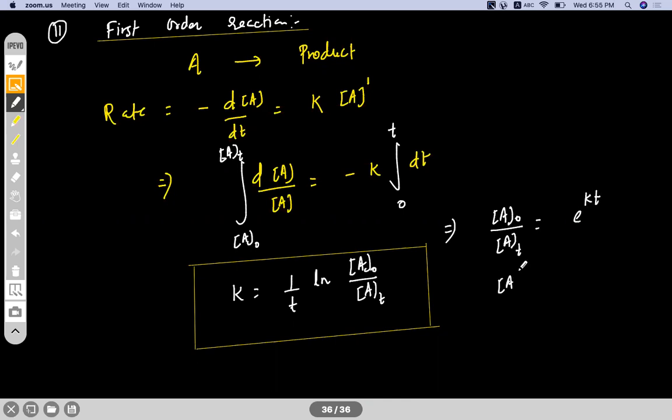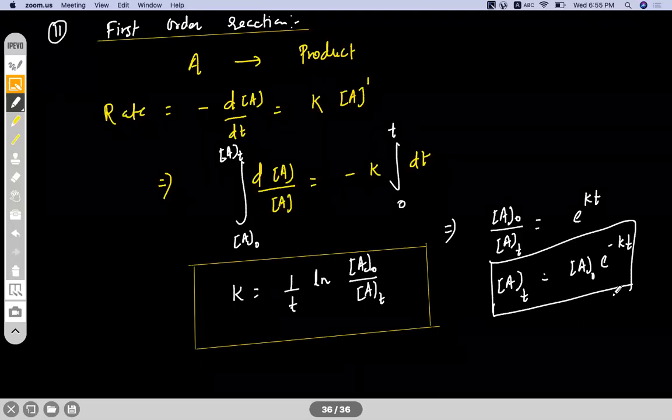Hence, AT, the concentration at any time t, is equals to A naught e to the power minus kt. AT is the amount of reactant A left at time t.